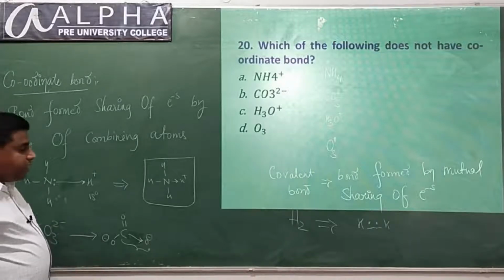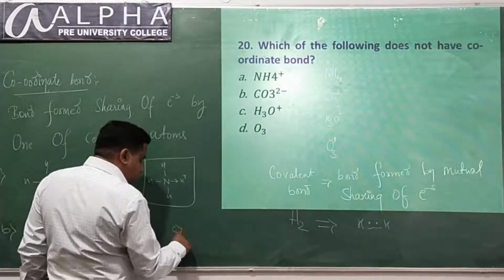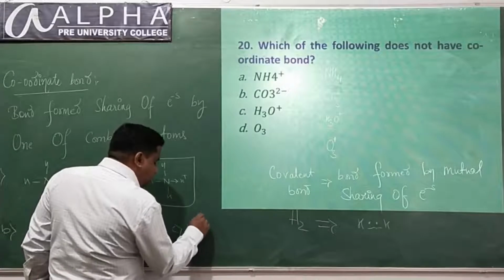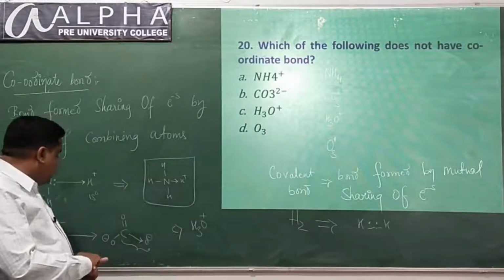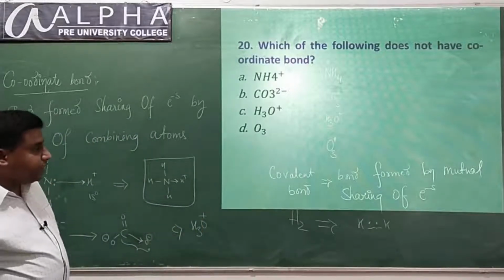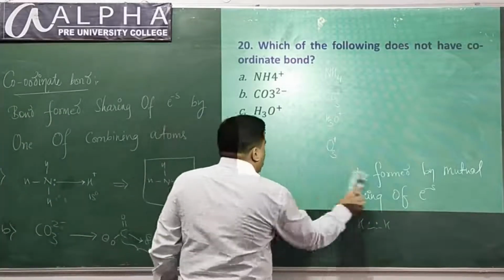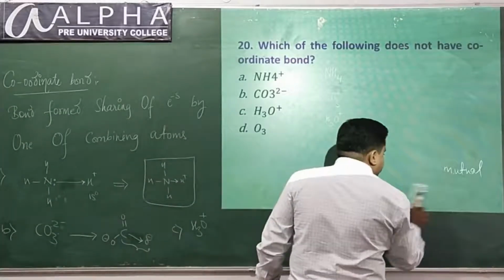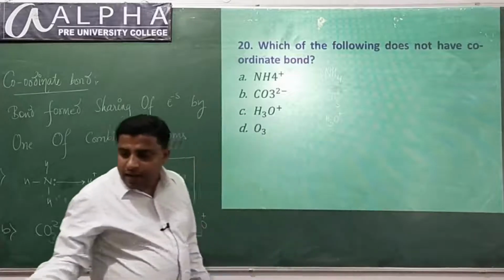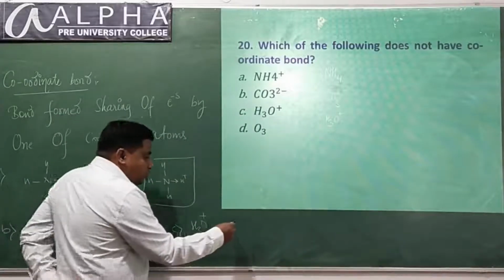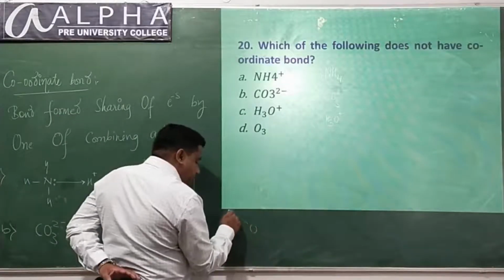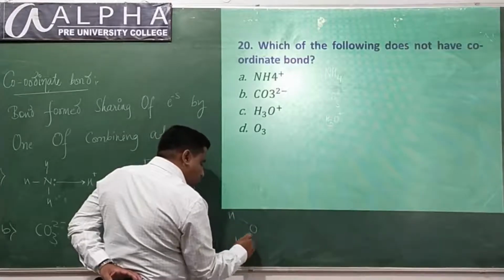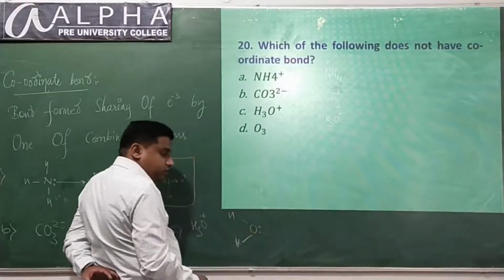Next, option C, hydronium ion, H3O plus. How is the hydronium ion formed? We know the water molecule, H2O. Oxygen has a lone pair of electrons.